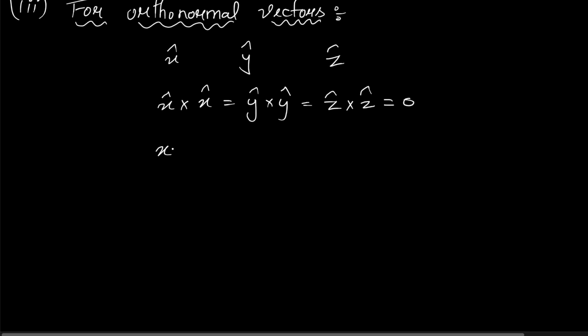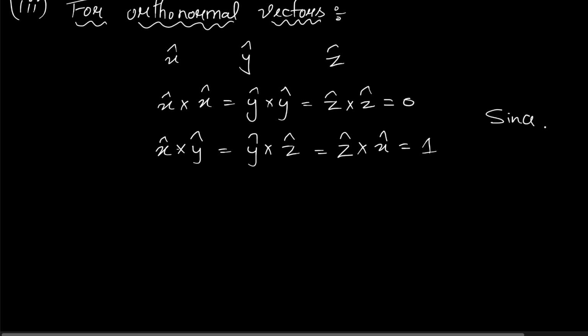And if you have x cap cross y cap, y cap cross z cap, and z cap cross x cap, then it simply gives 1, because theta becomes 90 degrees, and sine 90 degrees is 1.